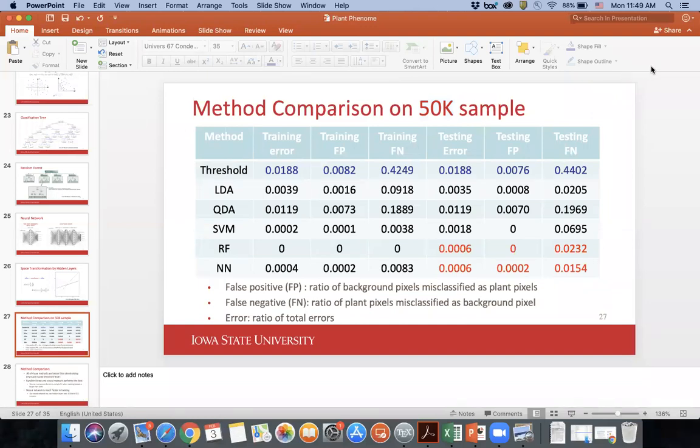We also have a result in our paper where we deliberately construct the training data with relatively balanced background pixels and plant pixels, and we compare those methods. When we apply the neural network to do the segmentation, we directly use everything we have, which means the background and the plant pixels are not balanced.